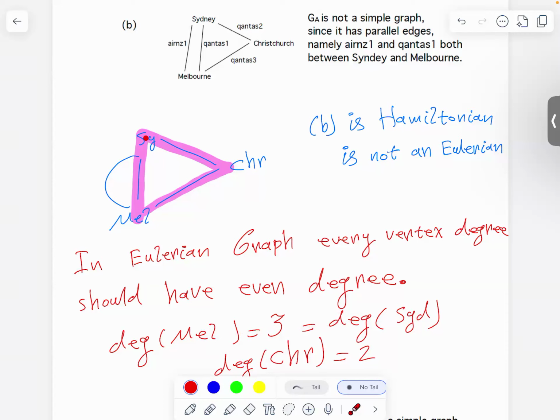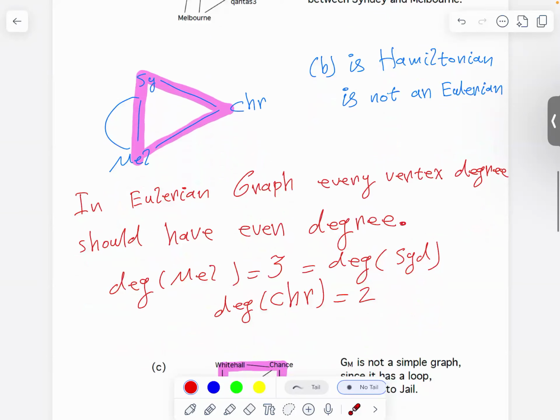So starting from here, back here, and here is an Eulerian path. In an Eulerian path, you need to meet all the edges, okay? But starting from the one odd degree and ending in the second odd degree, okay? You can start from here and end here as well.